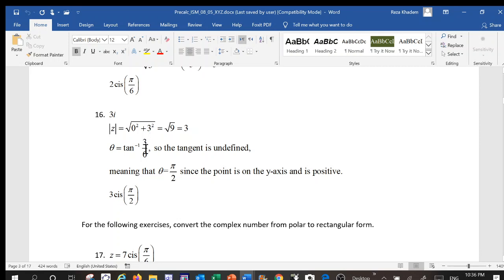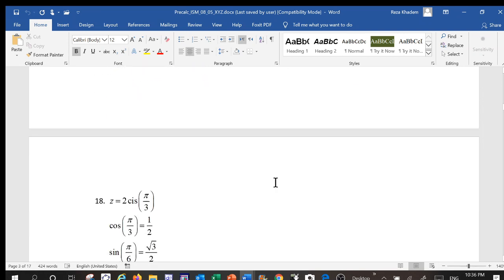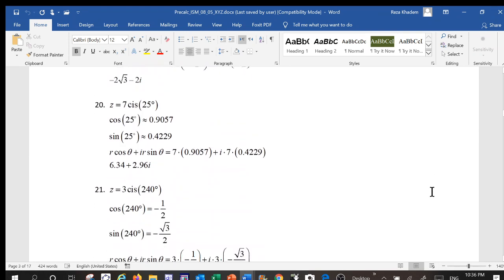So when the angle is not in one of the quadrants, we can find the angle without tangent inverse, because we can easily see what it is. So the angle is pi over 2, and that's it. And you know cis means cosine pi over 2 plus i sine pi over 2. Alright, and let's go to another set of problems.